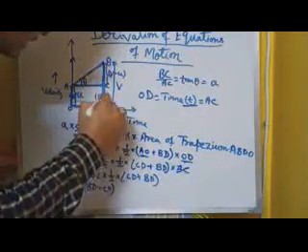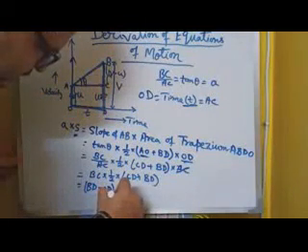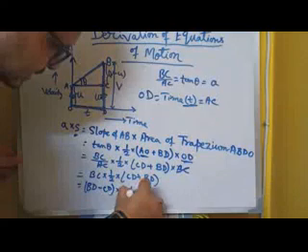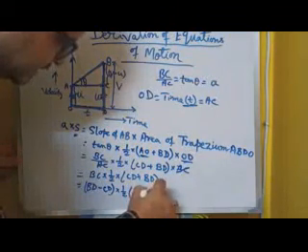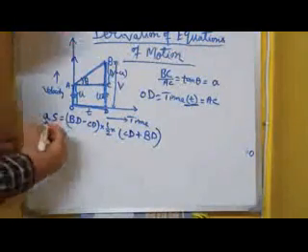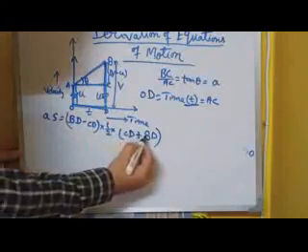So finally we get AS is equal to BD minus CD into half CD plus BD.